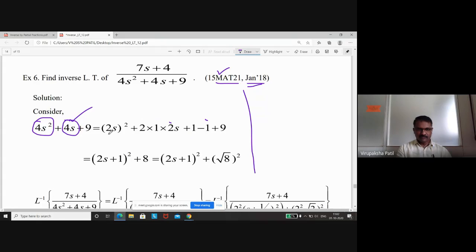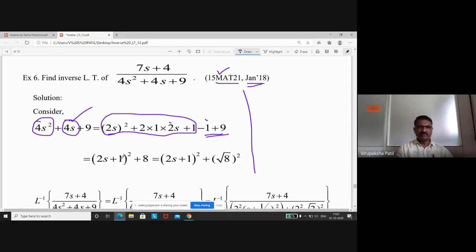What are those? a square plus 2ab plus b square. These terms you should consider. It can be written as 2s plus 1 whole square. Am I right? Then this is minus 1 plus 9, that becomes plus 8 we have written here.